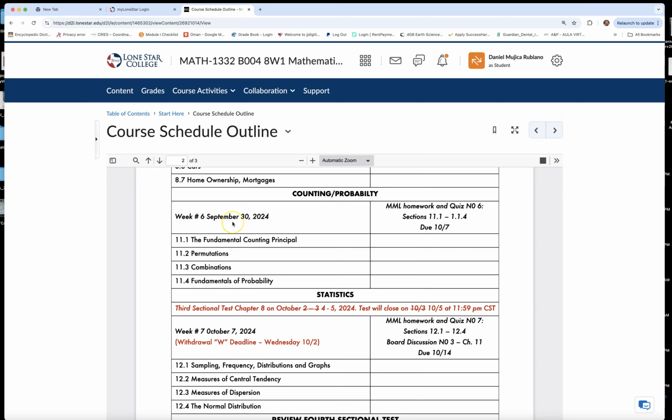I included a homework from My Lab Math, which is homework and quiz number 6, that is due, I believe, on Tuesday. Not today, September 7, but October 7, but Tuesday, October 8.